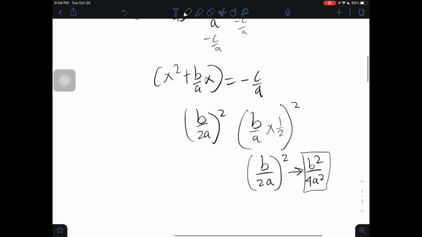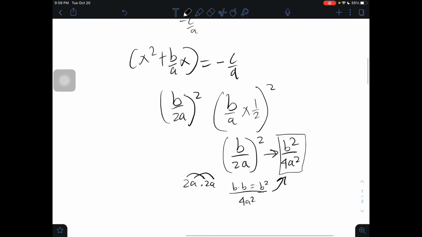So b squared is simply b times b, over 2a times 2a. 2 times 2 is 4, a times a is a squared, so we have 4a squared. That is our resulting fraction. We're going to add this b squared over 4a squared to both sides.